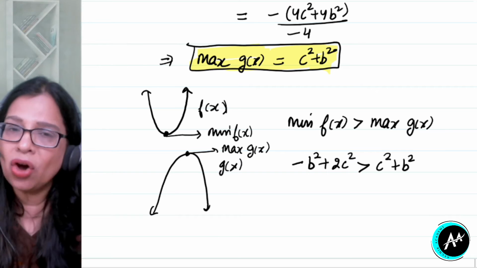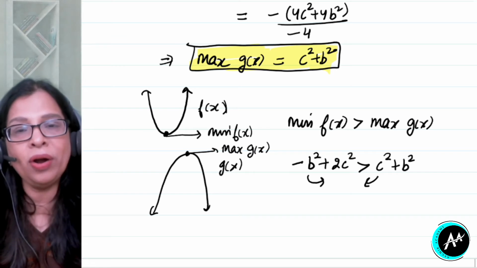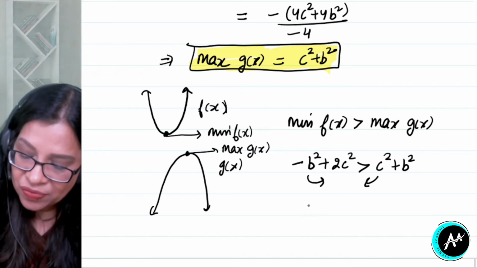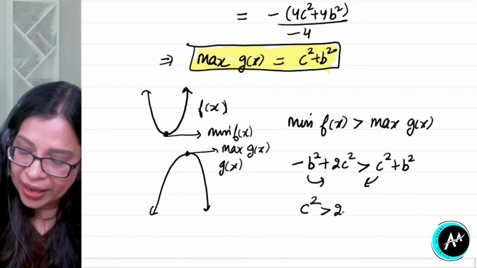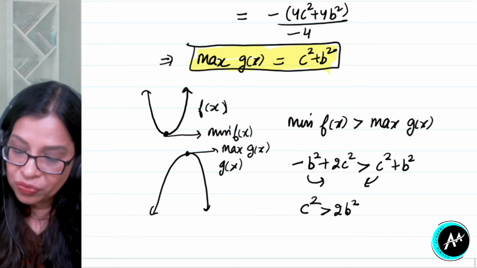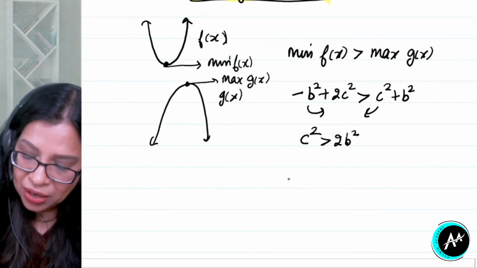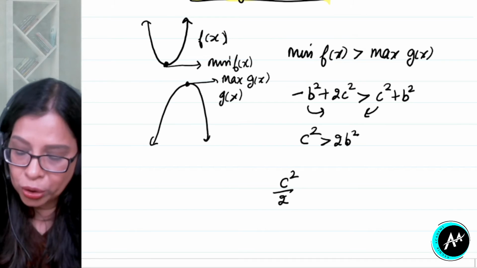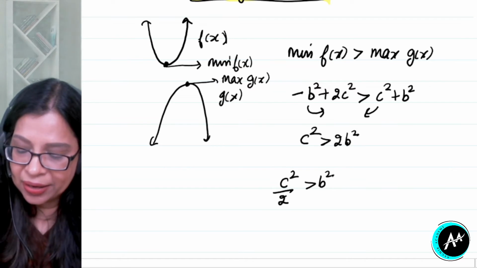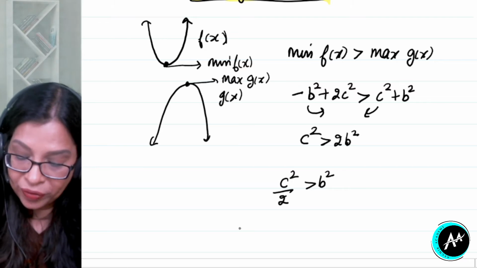Got it? Now let us simplify. We can take b square to the other side, and we can bring c square to this side. So I have c square is greater than 2b square. You can also divide by 2. We can write this result as c square upon 2 is greater than b square. Now if you take the positive square root, what do we get?